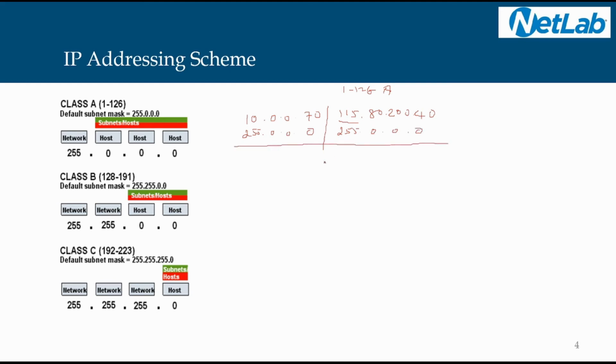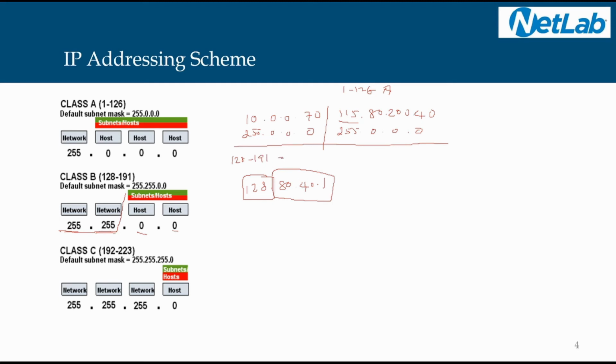In class B, the first 2 octets are earmarked for the network portion. That means the administrator should not touch this portion. He can change only the last 2 for the host portion. In class B, say 128.80.40.1. The rest doesn't matter as far as the class is concerned, because the first octet starts between 128 and 191.